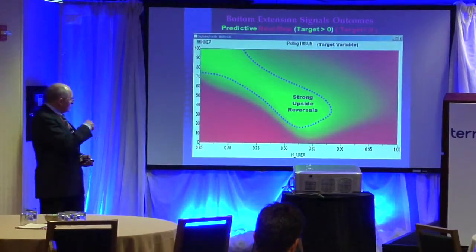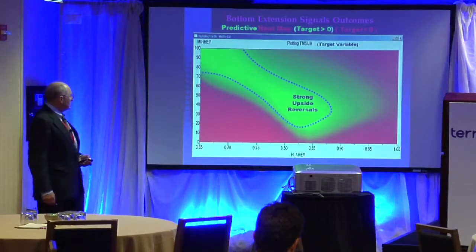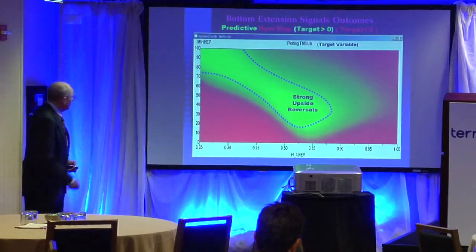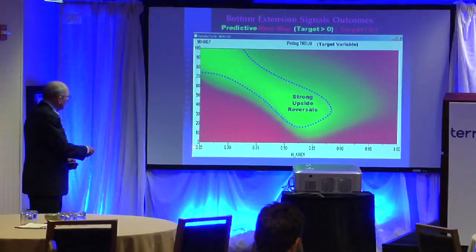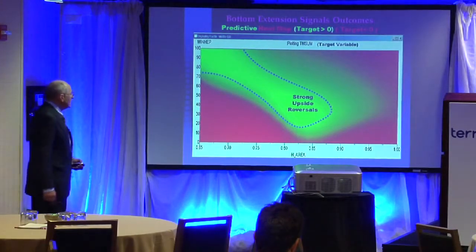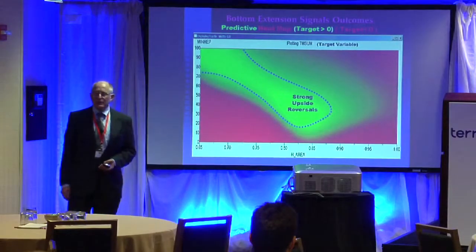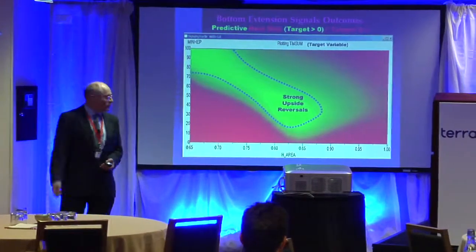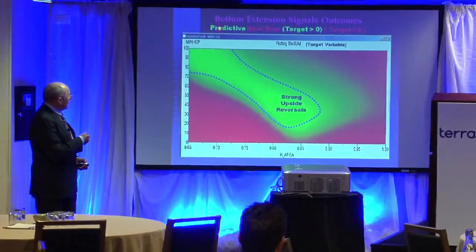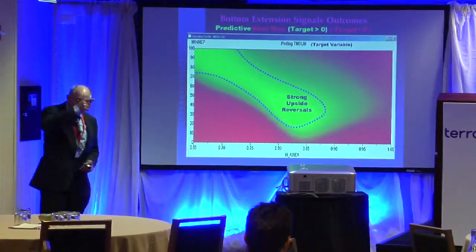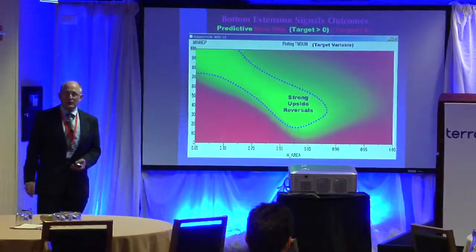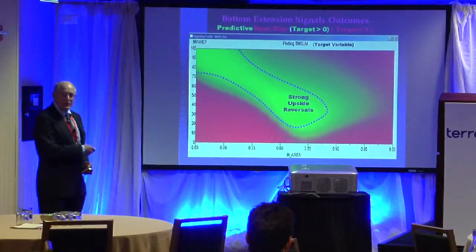I'm going to show you a sequence of pictures that look like this. They're predictive heat maps. On the vertical axis is one variable or indicator. On the horizontal axis is another. And the color represents the value of the dependent or target variable, which is future looking. Since we're looking at bottom extension signals, what we're looking for is when there are high values of the target variable, which are represented in green.